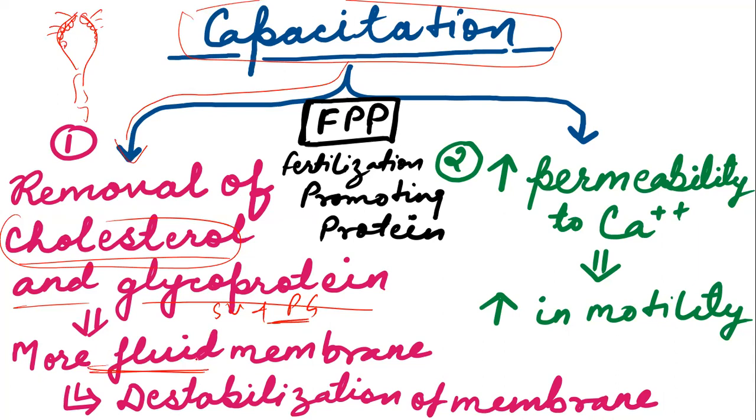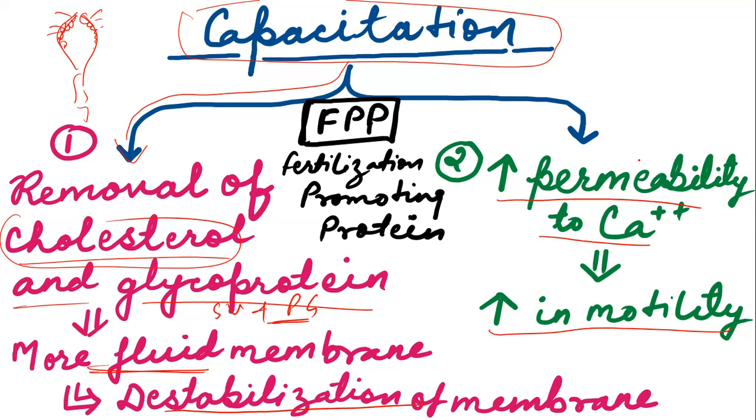Because of the increased fluidity, the membrane becomes destabilized, and this is very important. This destabilization of the membrane is very important for the acrosomal reaction to occur. The second thing is increased permeability for calcium ion, and this increased calcium ion will increase the motility of the sperm.